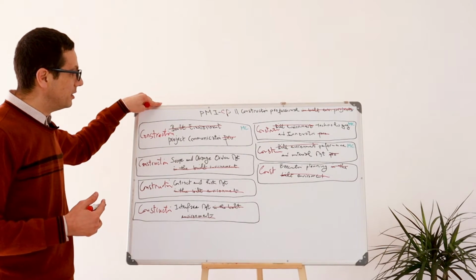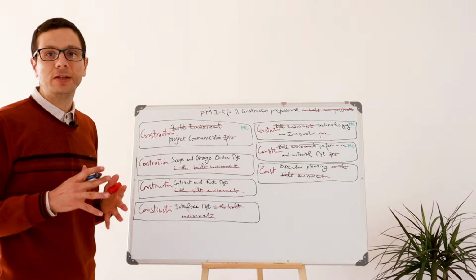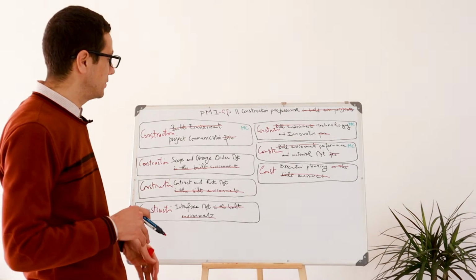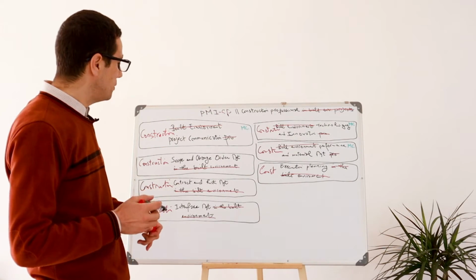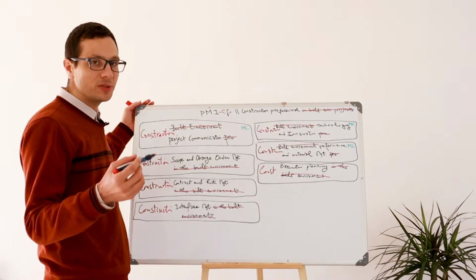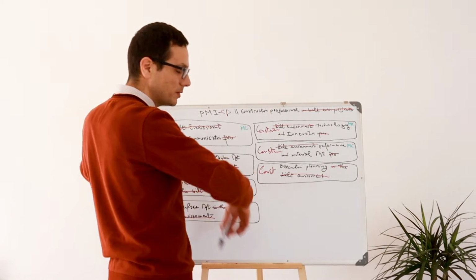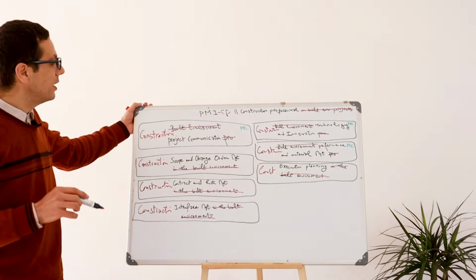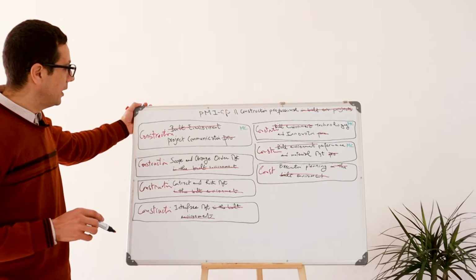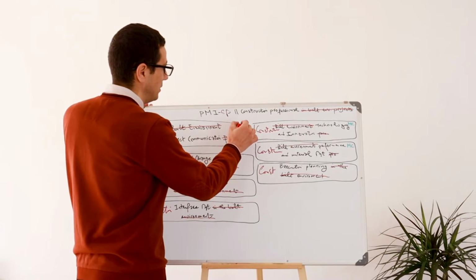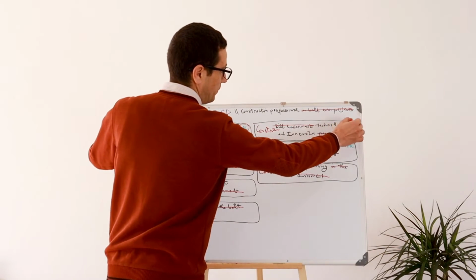Then the second change is in the eligibility criteria. So let me explain. First, in order to take the PMI-CP, you need to take all these modules. You buy them one by one and pass these micro-credentials.